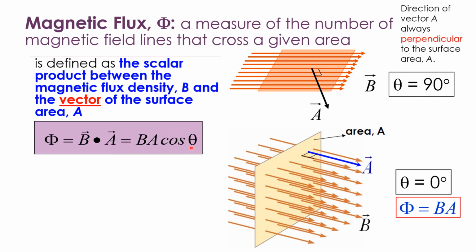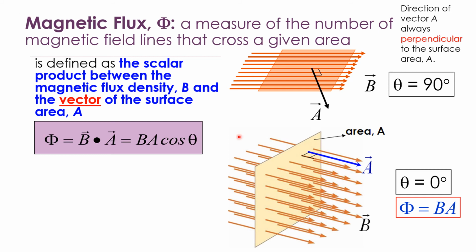Putting theta equals 90 degrees, we get phi equals BA. So we get maximum magnetic flux when the vector area and magnetic field lines are perpendicular to each other.